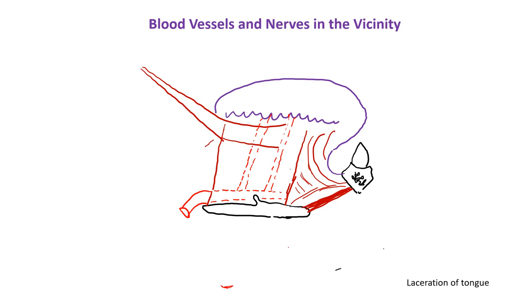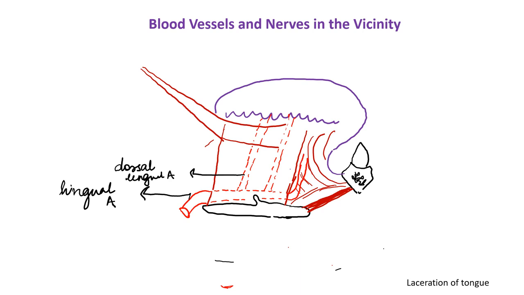So this here is the lingual artery, which is a branch of the external carotid artery. It goes posterior to the hypoglossus and gives rise to the dorsal lingual arteries. Then at the anterior border of the hypoglossus, it emerges and takes a sharp turn upwards, lying on the genioglossus muscle.